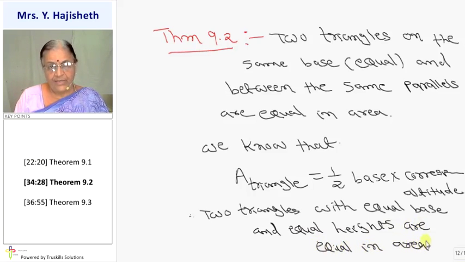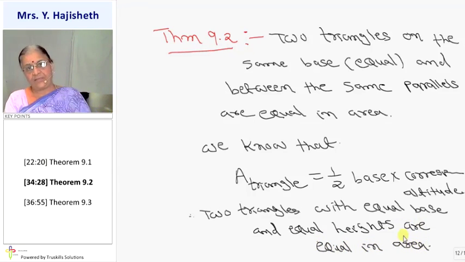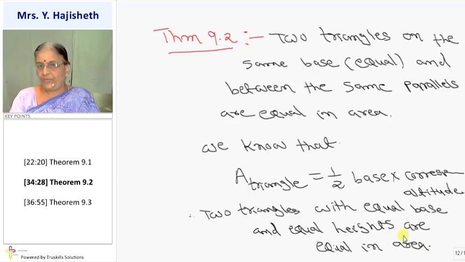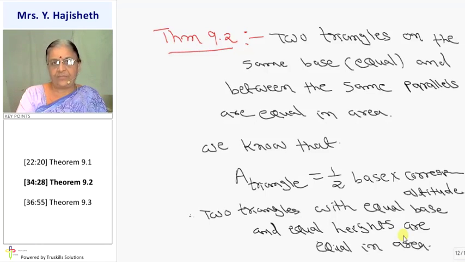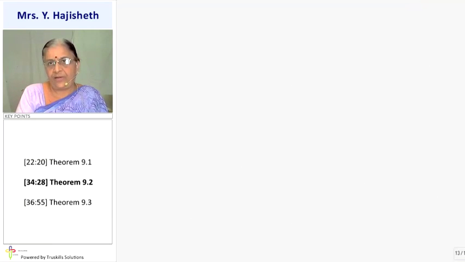This theorem we can verify by using the formula of area of a triangle, 1/2 base into corresponding altitude, that is corresponding height. So when the triangles have the same base and are between the same parallels, their corresponding altitudes are equal in height. So base is same, height is same, so area must be equal.